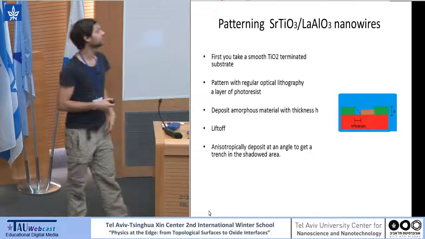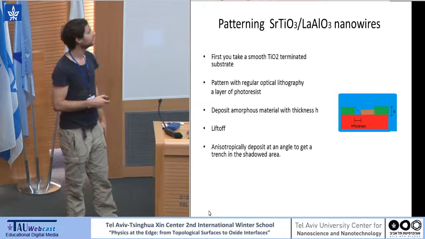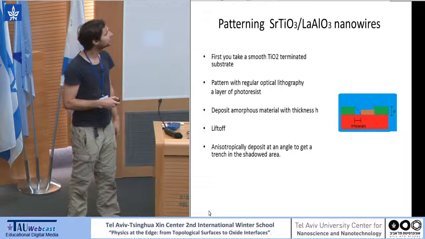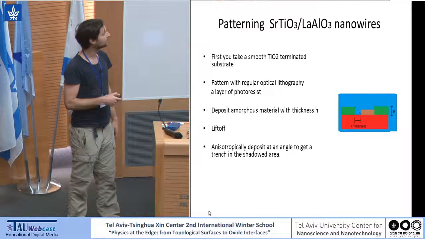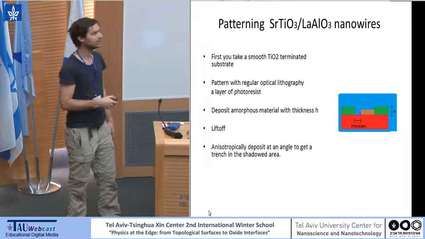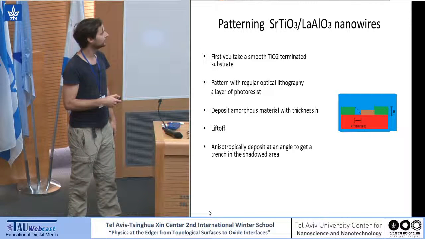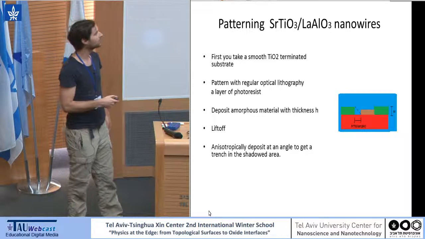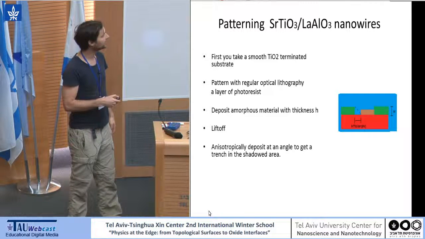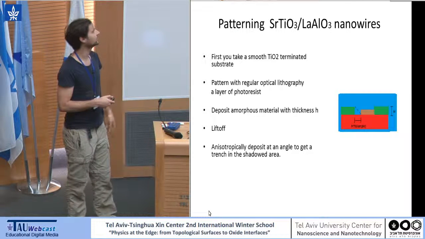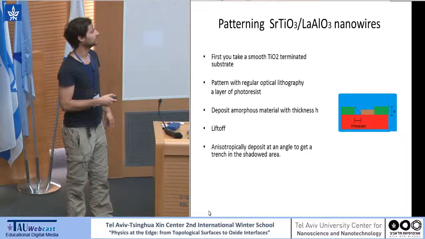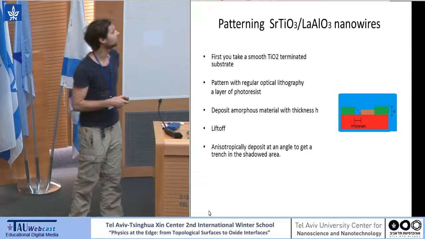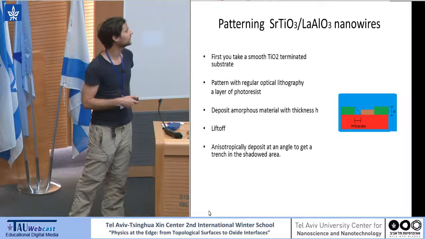Followed by that deposition, you make another deposition at an angle. And this way, the material comes from here and accumulates both here on the amorphous layer, also here on the amorphous layer, and also here on the clean substrate, but what remains clean is this little area, whose width is equal to h times the tangent of the angle.